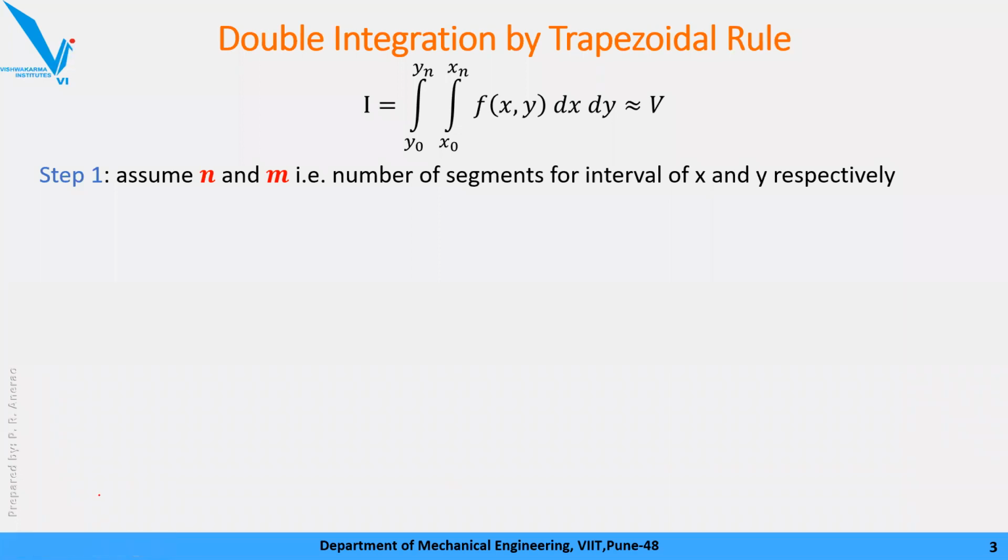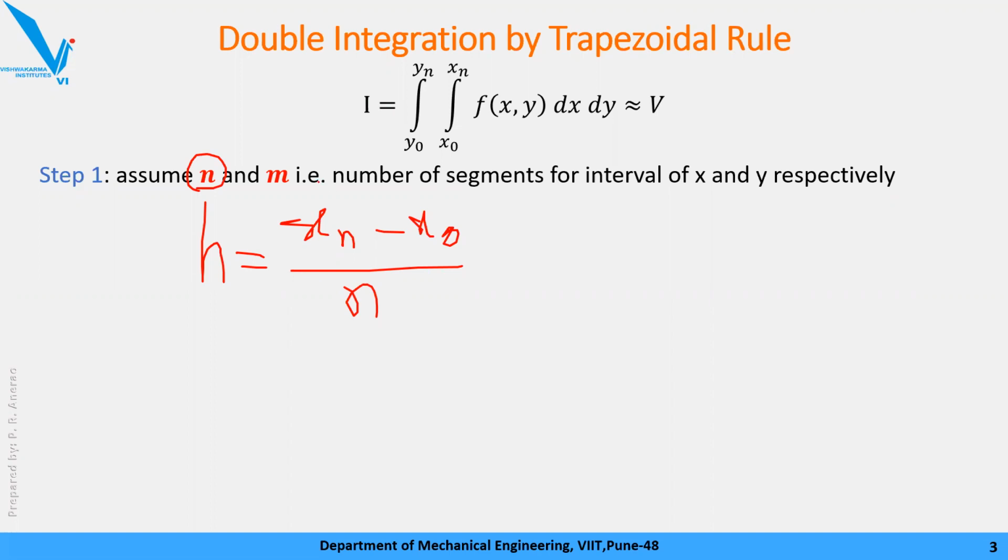Step 2, now again these few steps we have already done, but now there is only the addition of one more dimension. So after that, what did we do earlier in the trapezoidal rule? First we assumed n, and based on n we used to calculate the thickness of the strip by using the formula xn minus x0 divided by n.